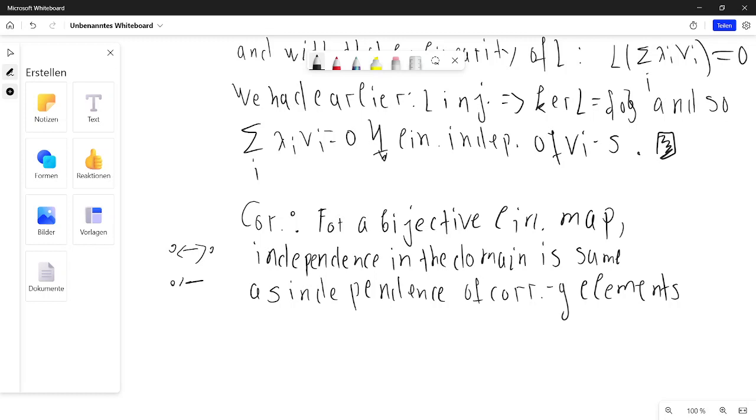And taking a bunch of linearly independent vectors in one space, we get exactly the bunch of corresponding linearly independent vectors in the other, right? We can just go back and forth with linear independence how we like. Independence in the domain is the same as independence of corresponding elements in the image.